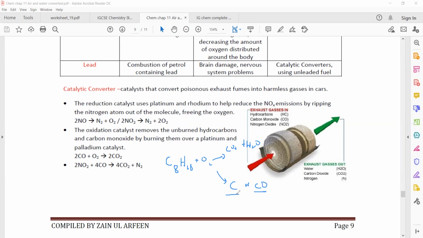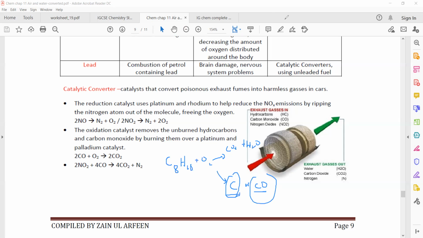Unburned carbon or carbon monoxide are harmful because this can make smog. Smog means the combination of smoke and fog. That's called smog. And carbon monoxide can cause suffocation. So it's harmful.